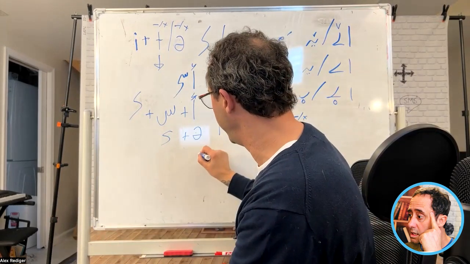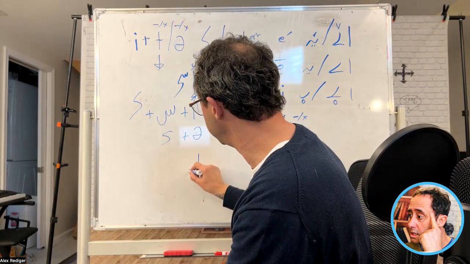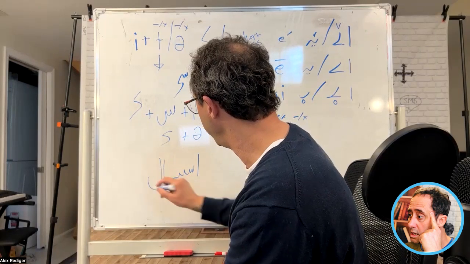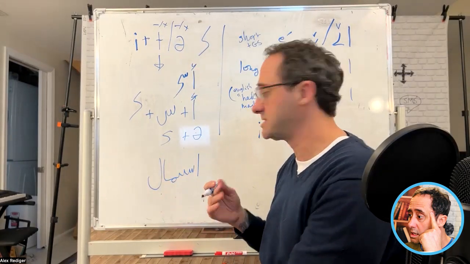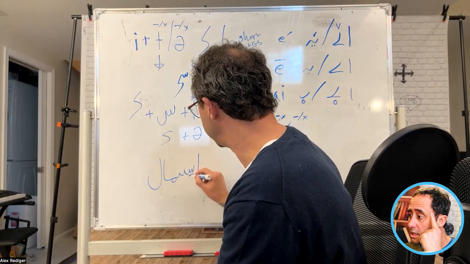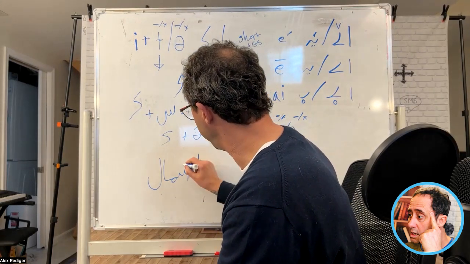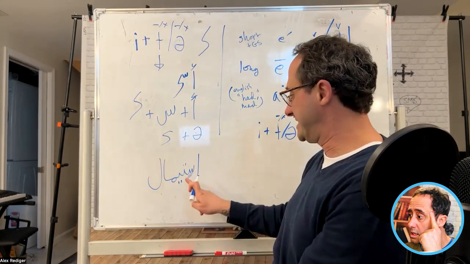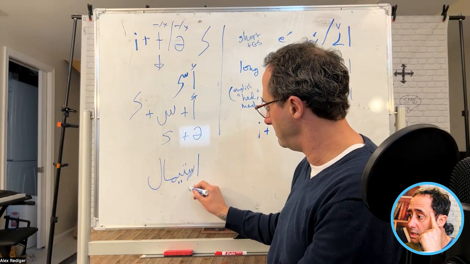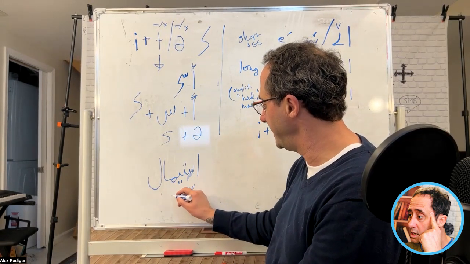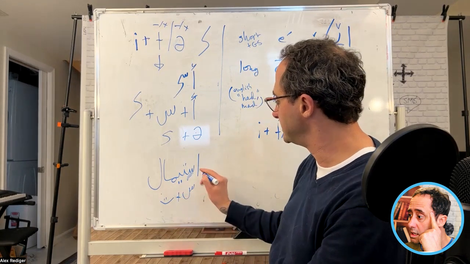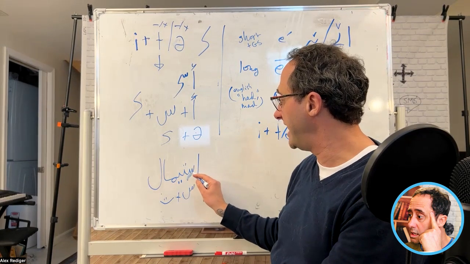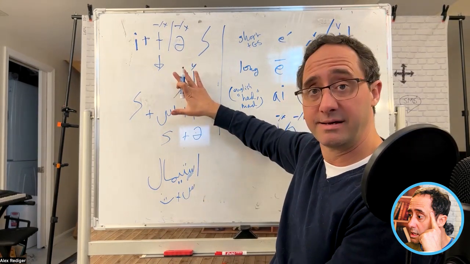For instance, I gave the example last time: istemal. This means to use. Here's the S, here's the T. See, here's the S plus the T, and it becomes this. But it's not tussa. The ta comes after the us, but this is unique.